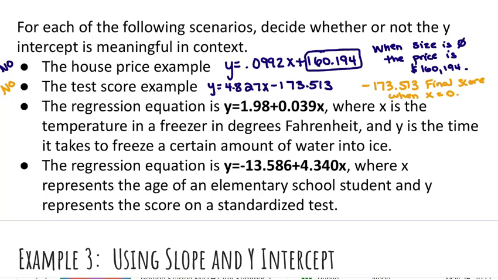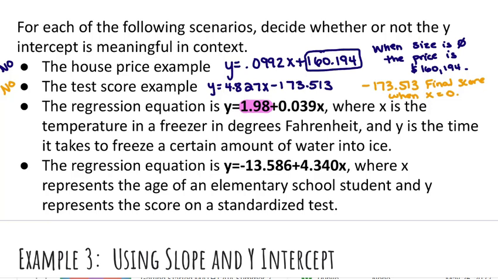The regression equation is y equals 1.98 plus 0.039x. Notice they flip-flop the m and the b. All right, the m is the 0.039 and the b is the 1.98. X is the temperature in a freezer in degrees, and y is the time it takes to freeze. So the y-intercept in this case is 1.98.